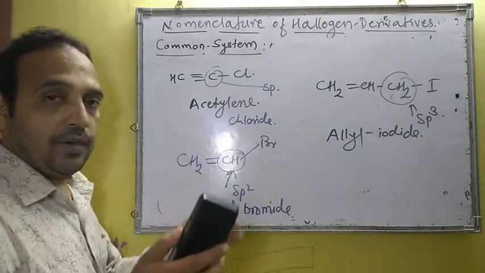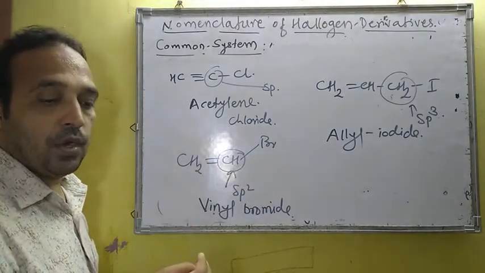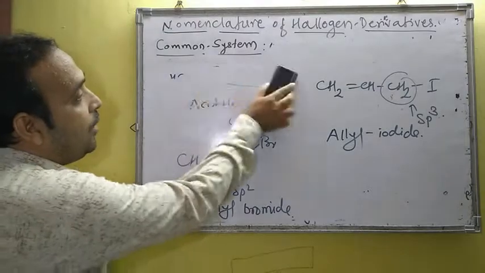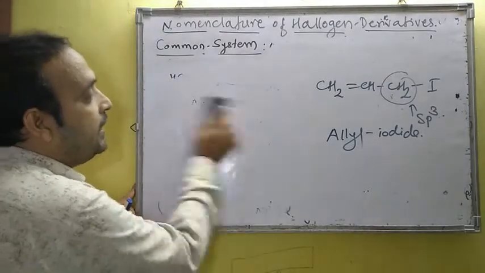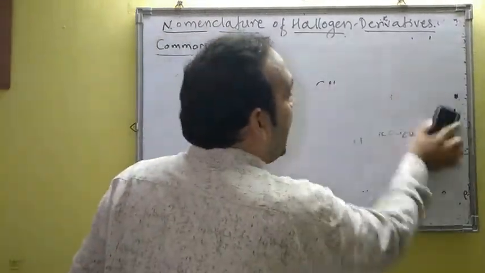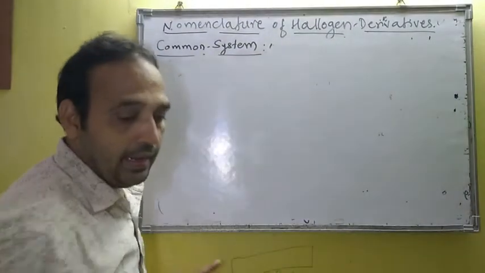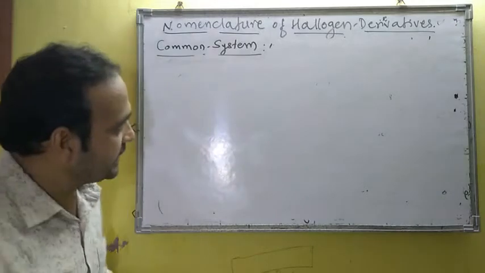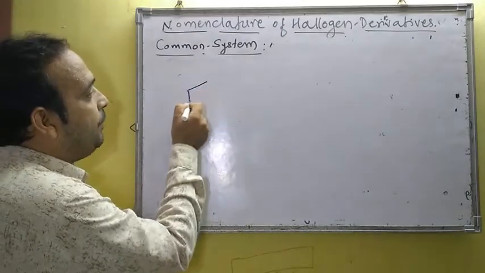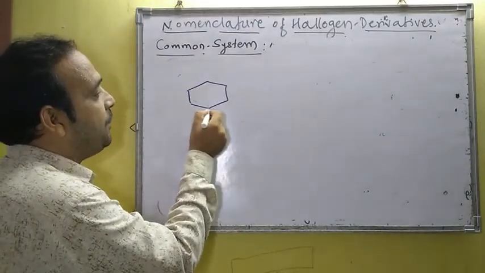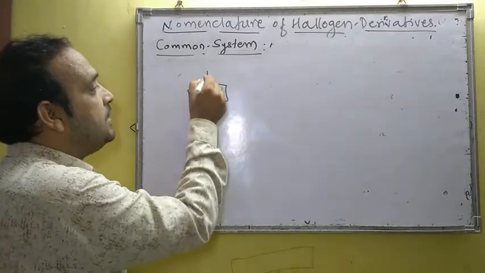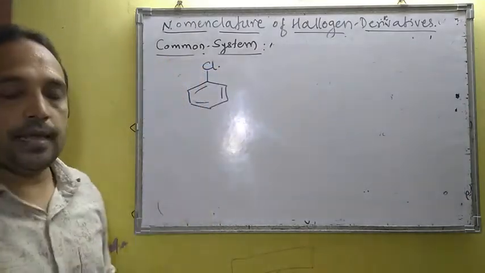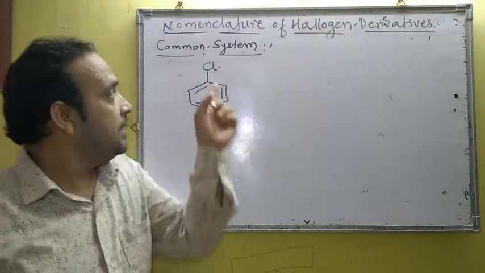Now let me cover a few examples of haloarene. Arene, this word is used for aromatic compounds. For example, I have written here a benzene ring, and to that benzene ring suppose Cl is attached.